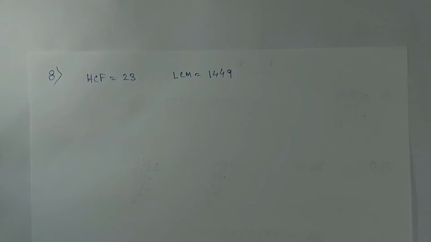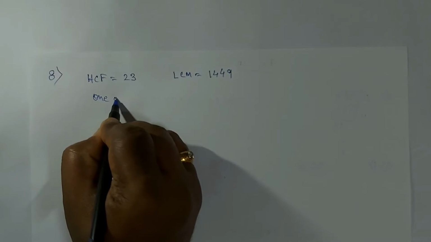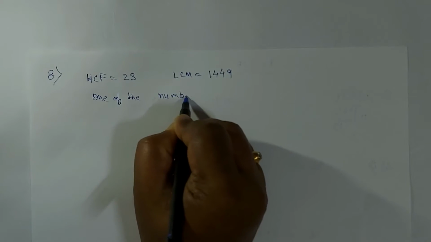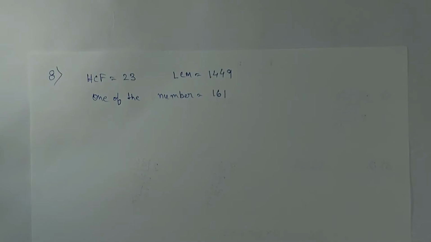And one of the numbers is equal to 161, it is also given. So find the other.